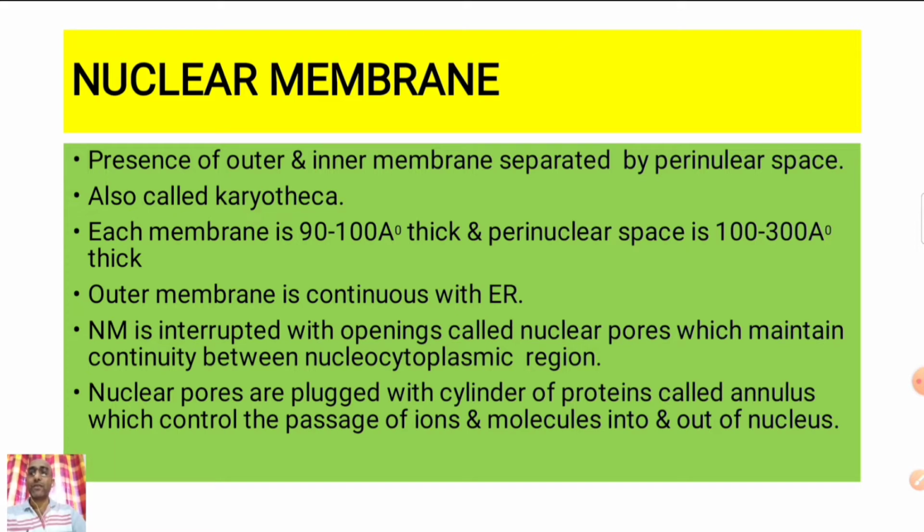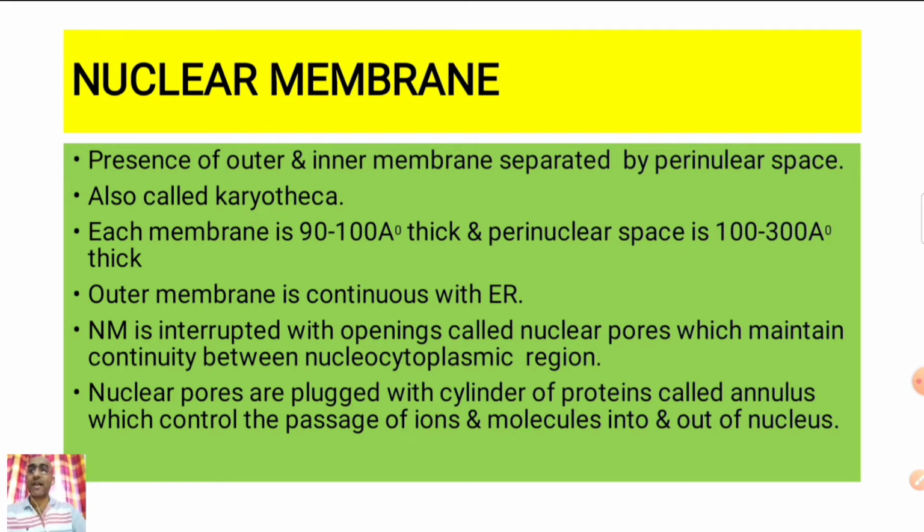There is an outer and an inner membrane, which means the nuclear membrane is double membranous. In between the outer and inner membrane there is the perinuclear space. So this space enclosed by the outer and inner membrane is called the perinuclear space.